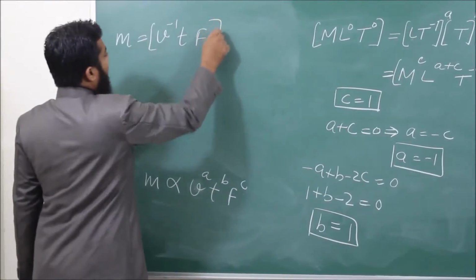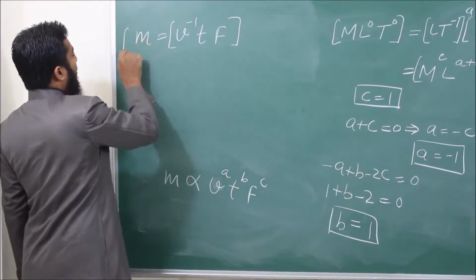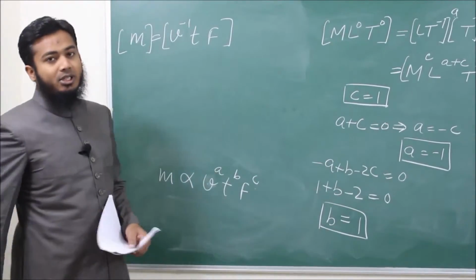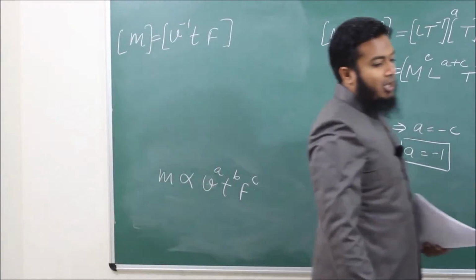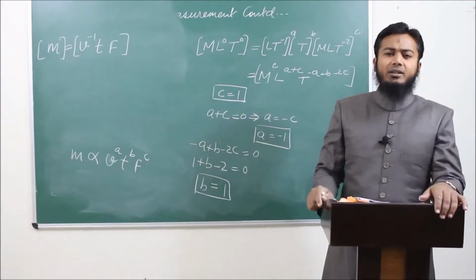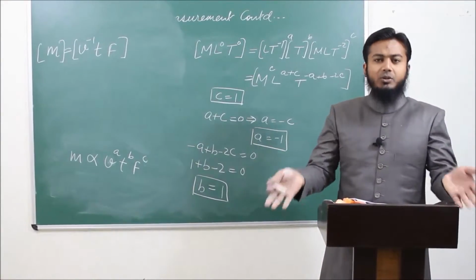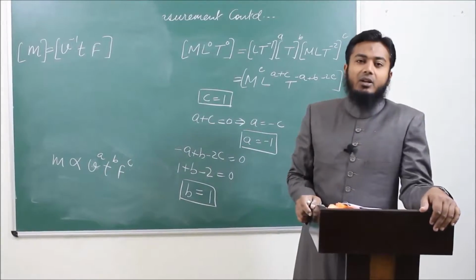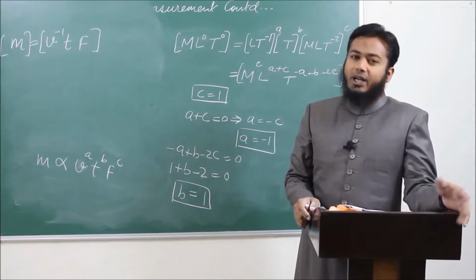So in terms of these base quantities, the dimensional formula for mass will look like v raised to the power minus 1 t and f. So this is how we can choose any one unit or 2 units or 3 units as base units, and then we can calculate dimensional formula for any physical quantity.